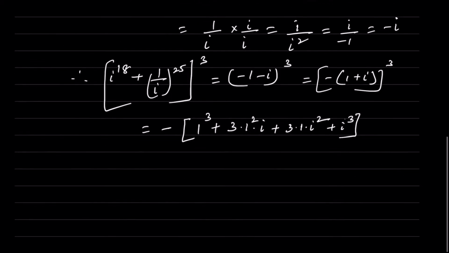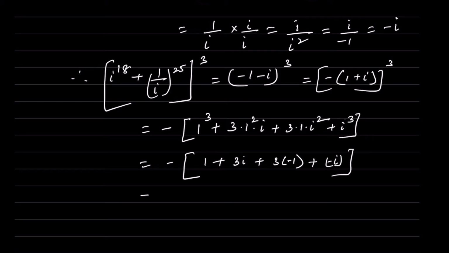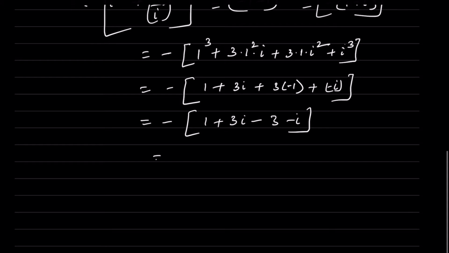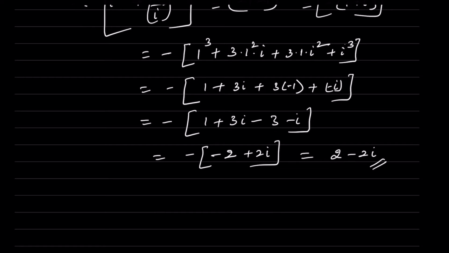So this is equal to minus of (1 plus 3i plus 3 into i square, which is minus 3, plus i square into i, which means it becomes minus i). So this is minus of (1 plus 3i minus 3 minus i), and 1 minus 3 is minus 2, so minus of (minus 2 plus 2i). When you take the minus inside, you get 2 minus 2i as the answer.